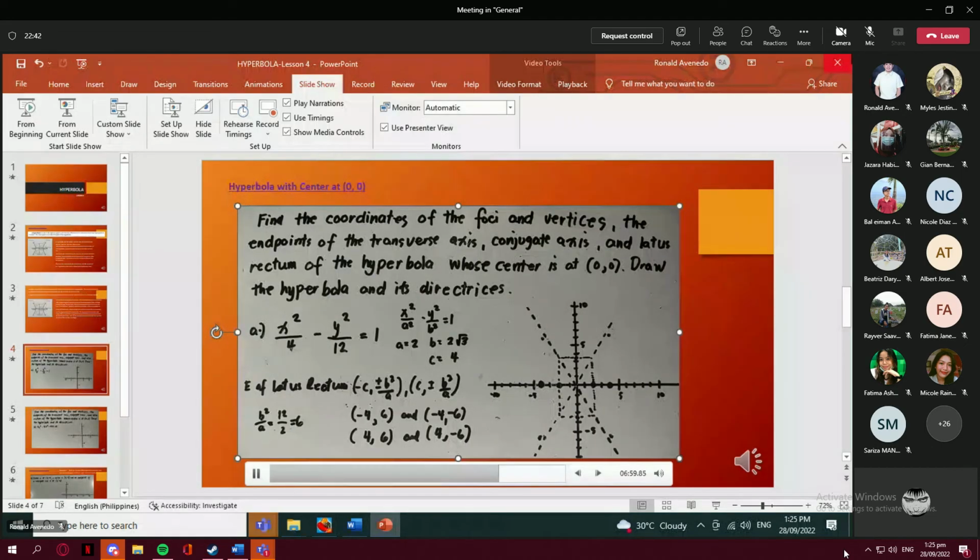So, we can now connect the points. From the vertex going to the latus rectum, it should not touch this line here. So, the other one.